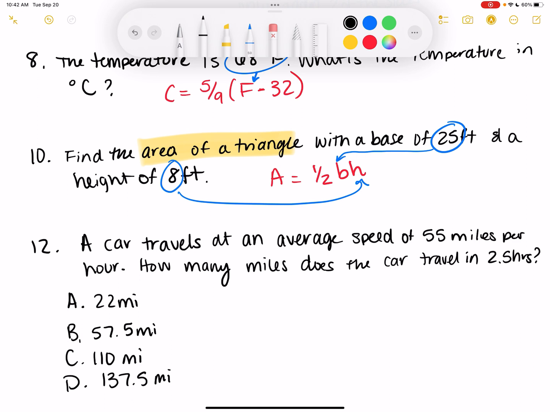So the question for this one is, what are we trying to solve for? Yep. So how many miles does the car travel? Okay, that is what we're looking for. And so which formula out of the ones that I gave you are we going to be using for this?